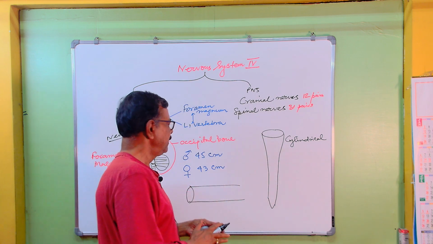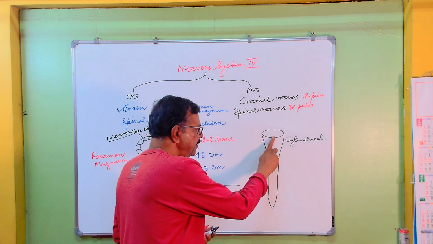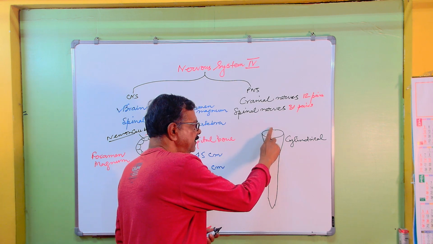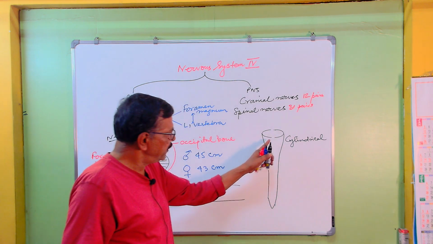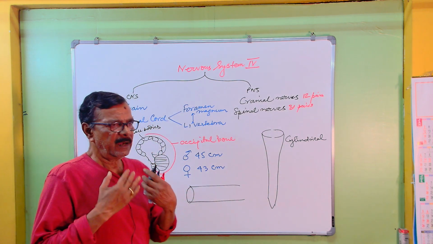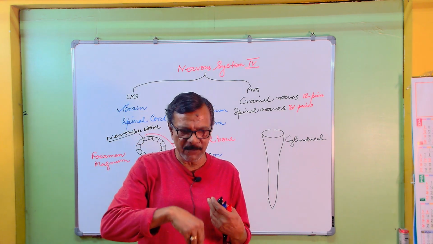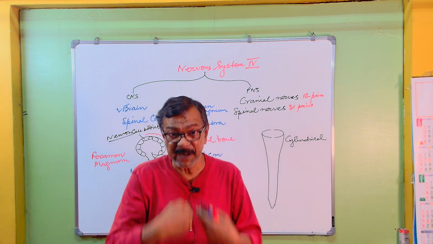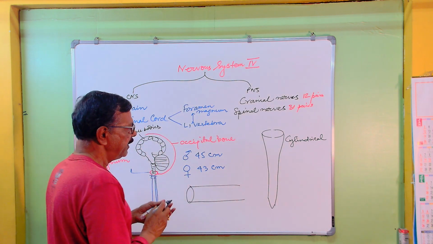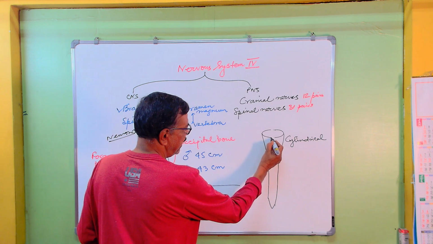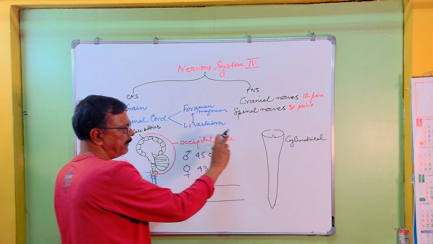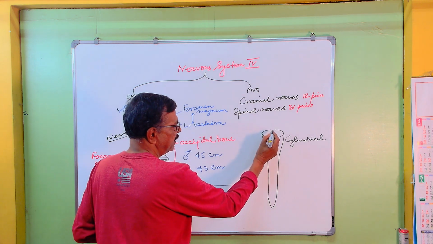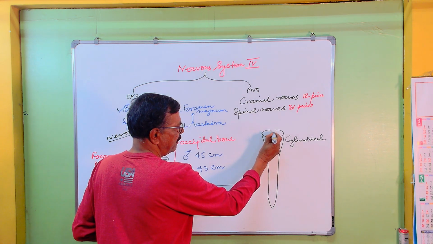But this portion and this portion have grooves. If it comes down, this portion is known as the ventral side, so it has a ventral fissure. And the upper back side is known as the dorsal fissure.